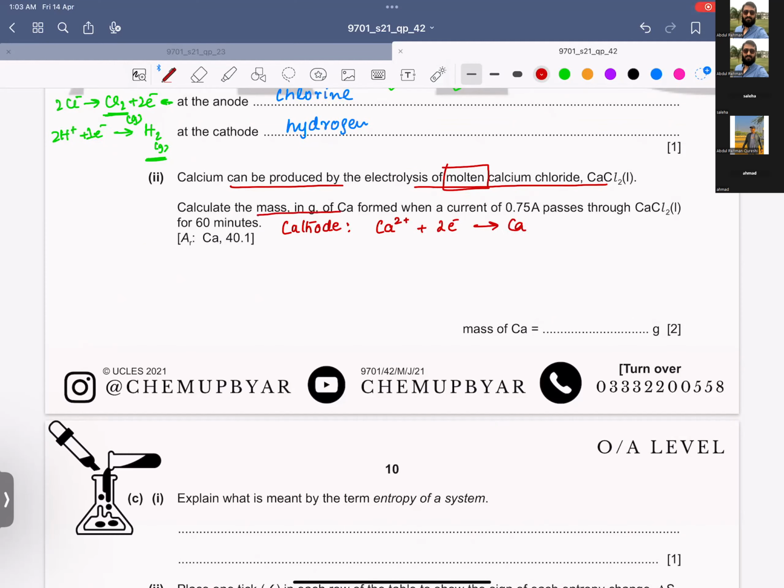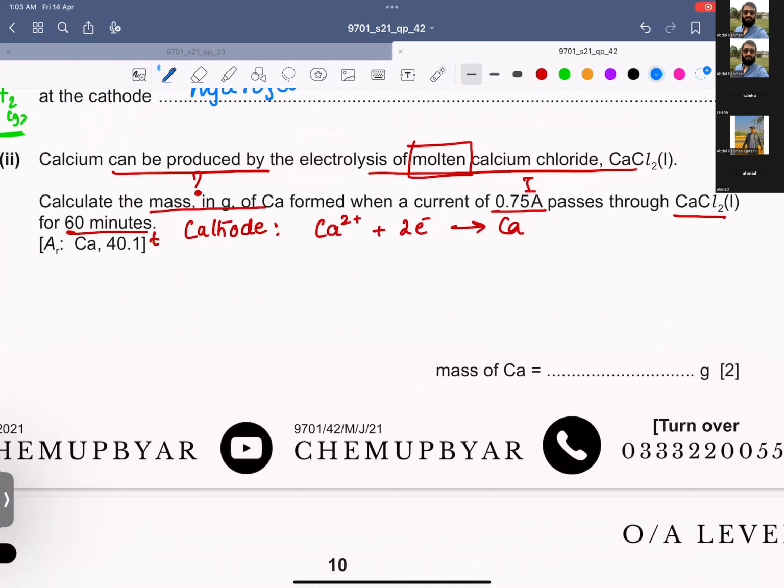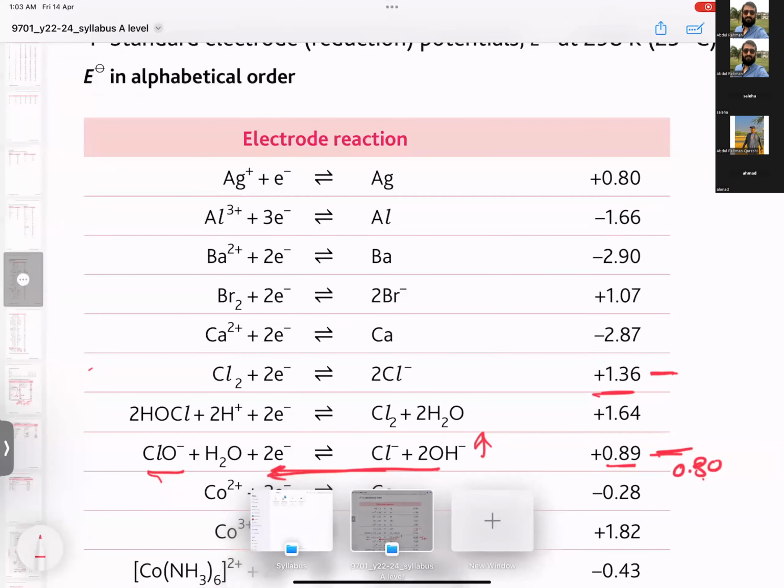Calculate the mass in gram of calcium formed when a current of 0.75 ampere passes through calcium chloride for 60 minutes. Okay, so as I have made the equation, now I can easily relate that there are 2 moles of electrons, which means 2 times 96500 coulomb charge is passed, and for that 1 mole of calcium is formed, which means, let me just check, is it 40 or 40.1?